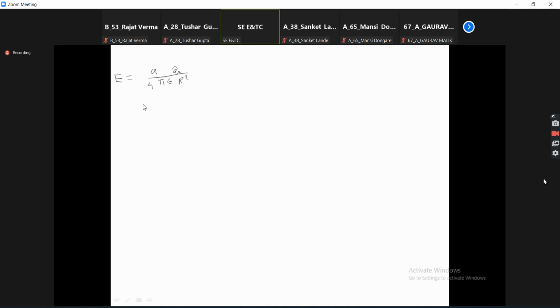Now what I'm trying to tell you is in what way we look at this electric field intensity, that if a single particle is there, in what way it is going to create its impact. To understand this, you can take a simple example.